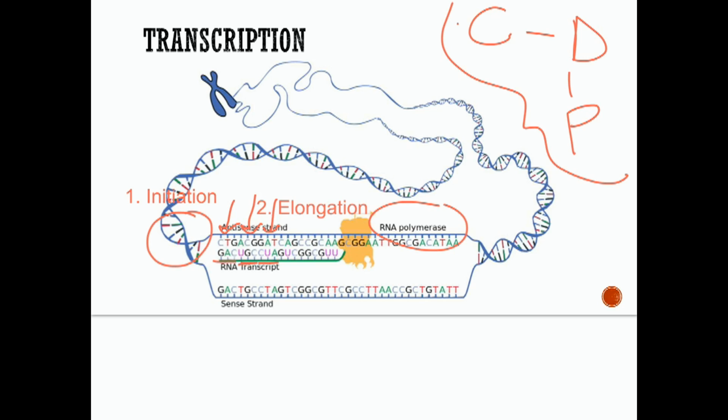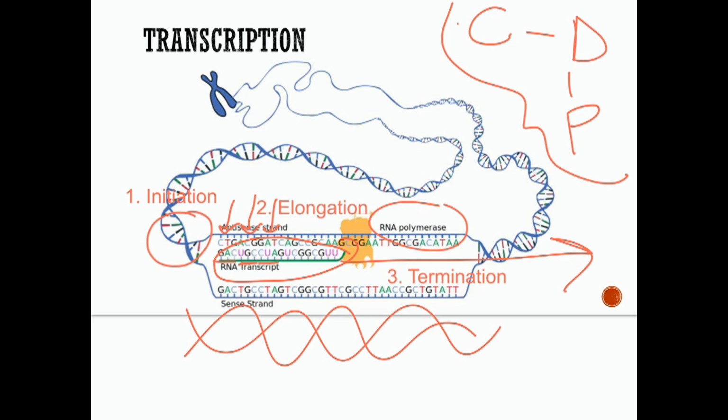The third step is called termination. Once the gene is transcribed, the new RNA molecule, so this right here, breaks away and the DNA strands are wound back together.